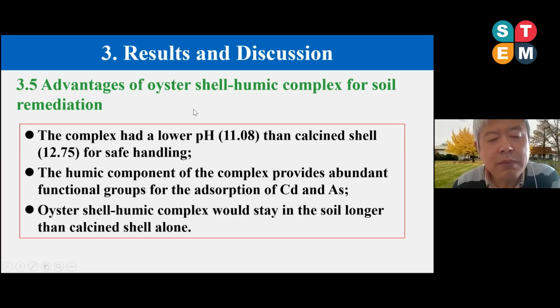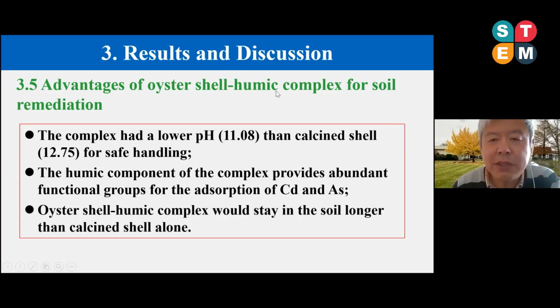But the problem is that after calcination, it has a really high pH, somewhere between 12 and 13, because its main composition is lime. So the really high pH is not safe for handling. If accidentally the lime gets into your eye, it will damage your eyesight.